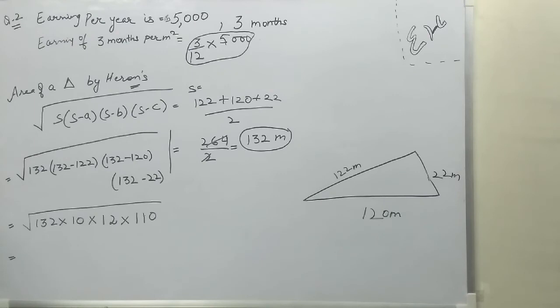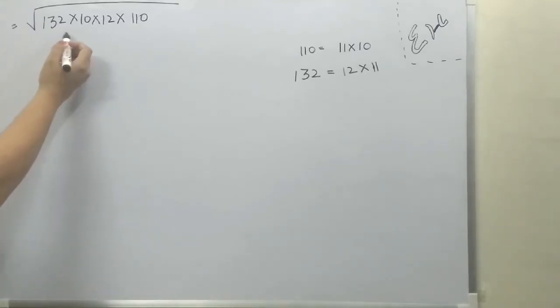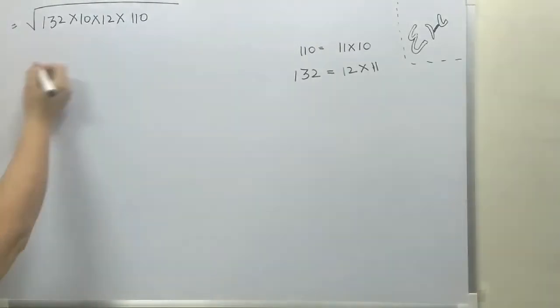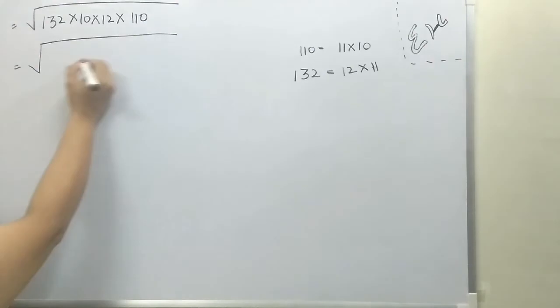Now we have to calculate the value of it, and you will get 132 multiplied by 10 multiplied by 12 multiplied by 110. You can write 110 as 11 into 10 and 132 as 12 into 11.